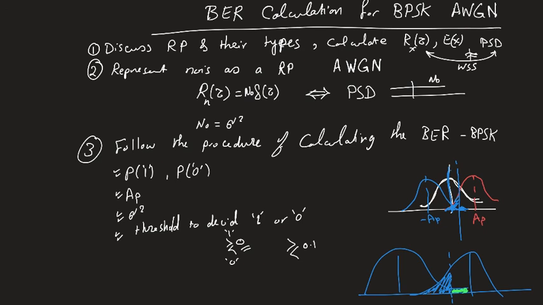And the last thing is to calculate signal to noise ratio, or to represent the bit error rate as a function of the signal to noise ratio.